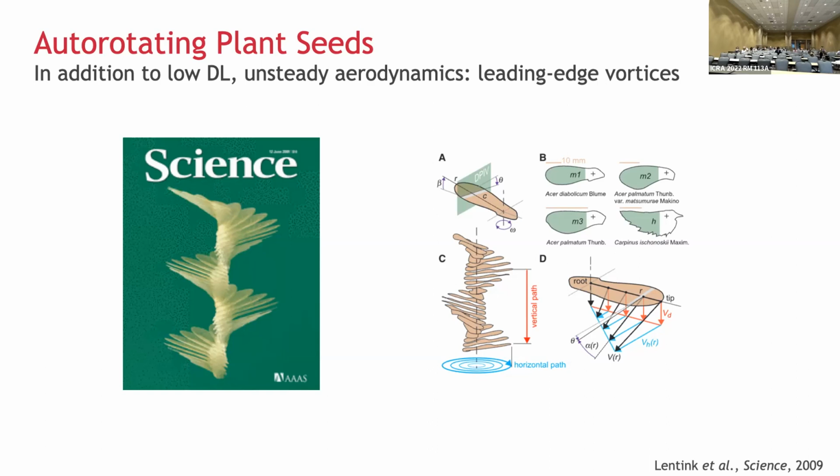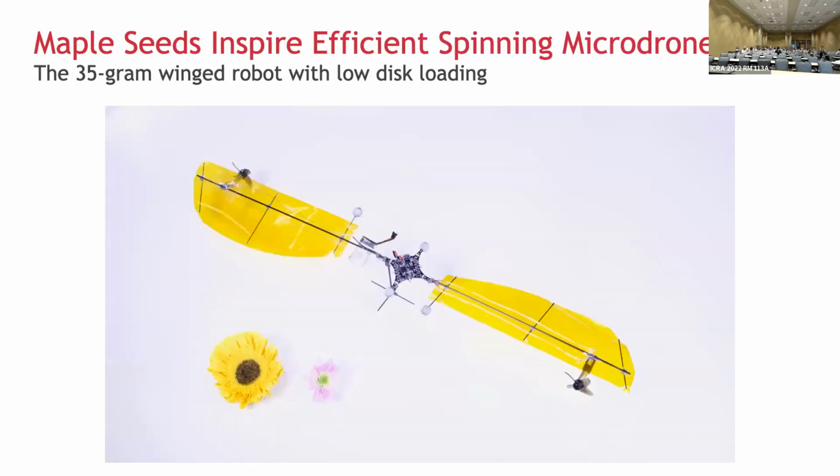So taking this into account, we were motivated to make a robot that uses, first, large wings to generate lift, and generates the lift by spinning or rotation. Second, the wings operate at a relatively large angle of attack and don't stall, because it uses unsteady aerodynamics, just like how insects fly.